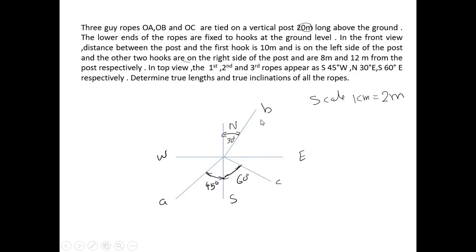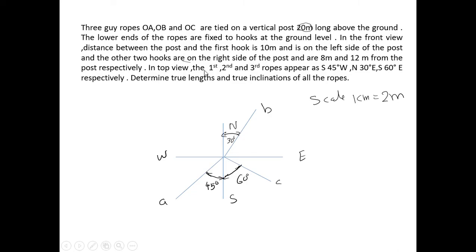Another question. Three guy ropes OA, OB and OC are tied on a vertical post 20 meter high above the ground. The lower ends of the ropes are fixed to hooks at the ground level. In the front view, the distance between the post and the first hook is 10 meter and is on the left side of the post, and the other 2 hooks are on the right side of the post and are 8 meter and 12 meter from the post respectively.